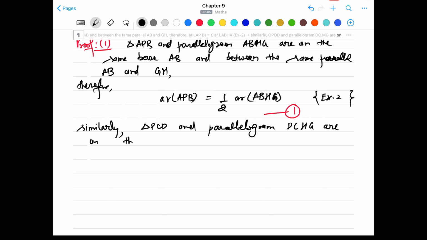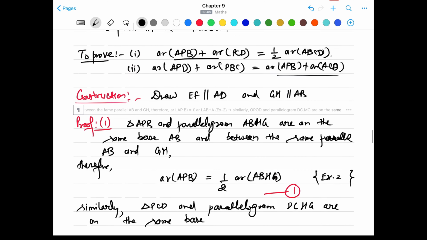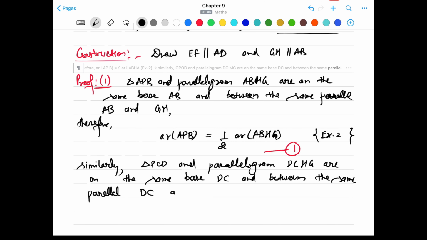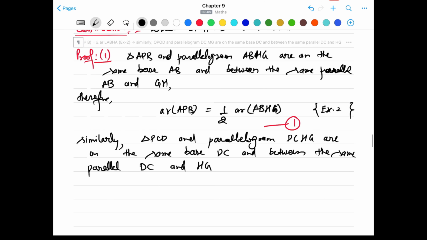DCHG are on the same base. This time the common base here is DC, and between the same parallel lines DC and GH.